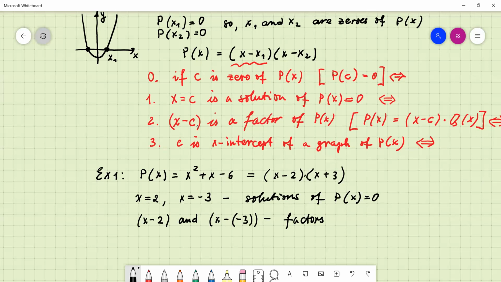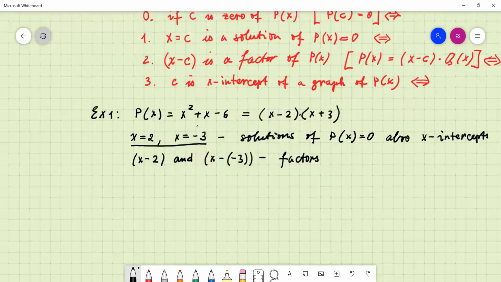And x equals 2 and x equals minus 3 are also intercepts. Let me label them correctly, x-intercepts, because it could be a y-intercept.